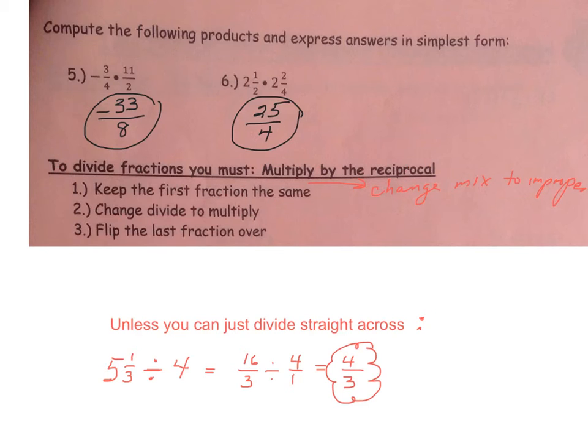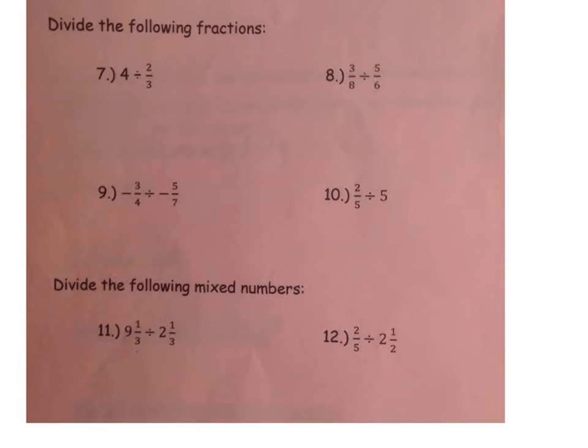At the end here, you would multiply, and you would use the rules as explained above. So let's take a look at that. Let's say you have 4 divided by 2/3. You're going to say here 4 divided by 2/3 is 4 times 3/2. Simplify, equals 6/1 equals 6.